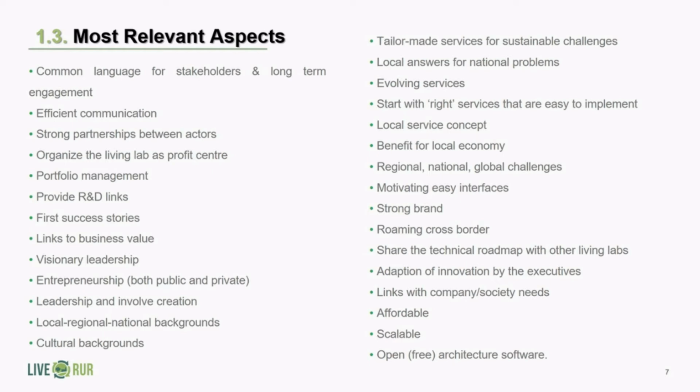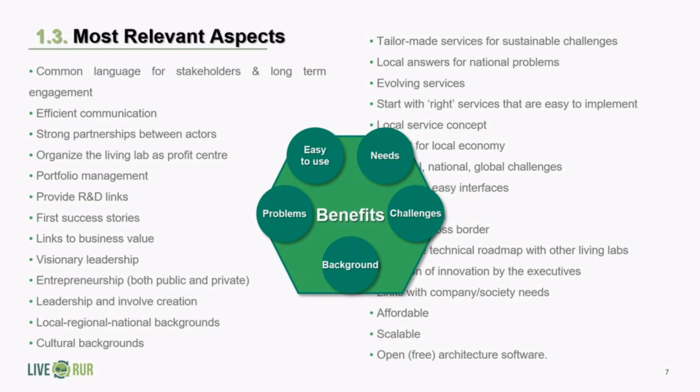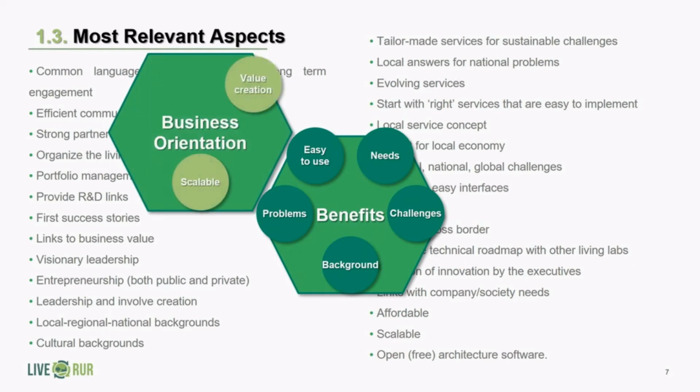Therefore, when deciding which services to create and how to create them, there are 5 key features to be aware of. Provide meaningful and useful benefits for your users and your community, considering their cultural background. Keep a business orientation, preparing competitive and sustainable solutions that can help the living lab evolve in the future.